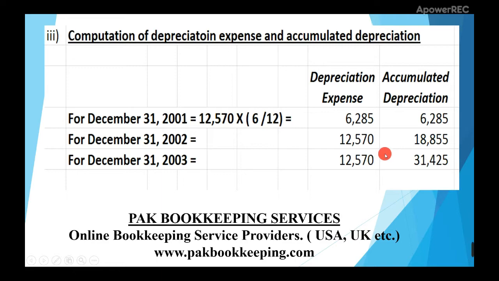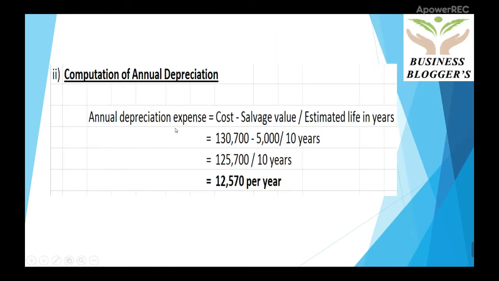If we add 12,570 rupees to 18,855, the result will be 31,425 rupees. This is called accumulated depreciation, right? Is it clear? Point to be noted, we purchased our machine in July 2001.